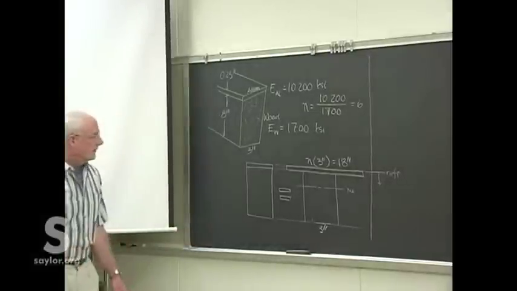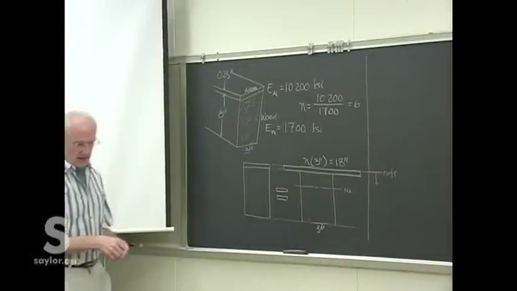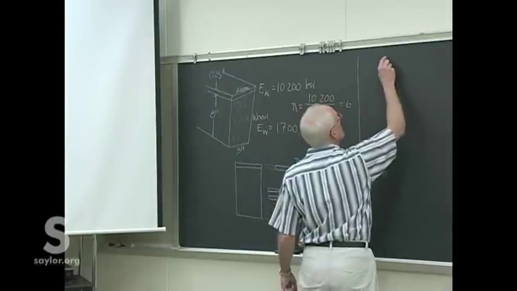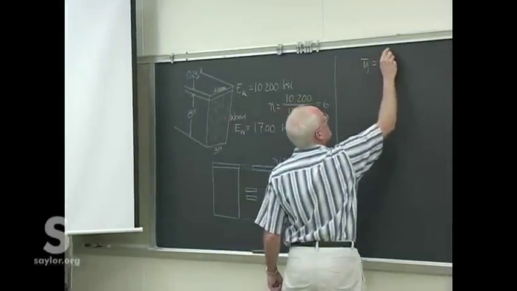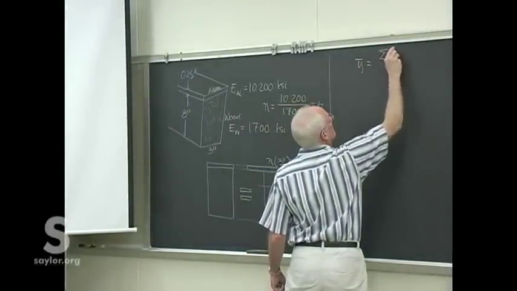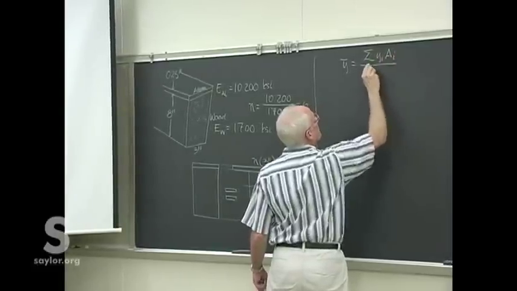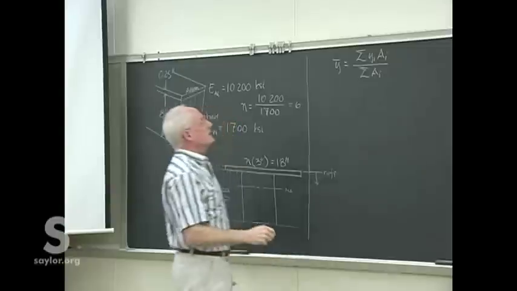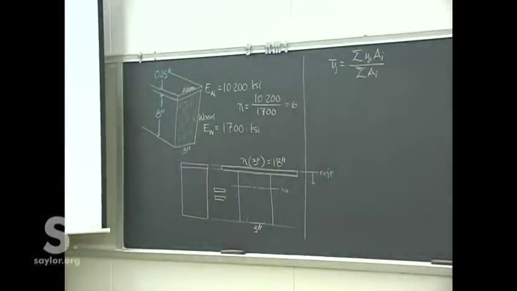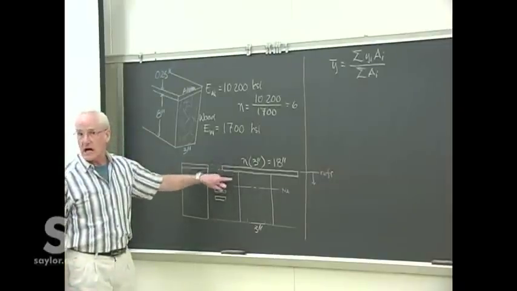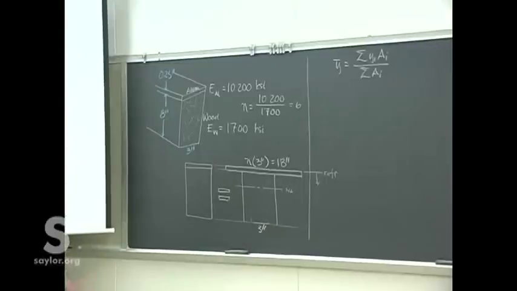I'll again pick a reference line from the top from where I'll calculate everything. Now all the calculations are for this new cross section. So first thing we need to do is figure out where the neutral axis is. Once we've established where that is, we know it's going to be somewhere up near the top here because of the extra area up at the top.